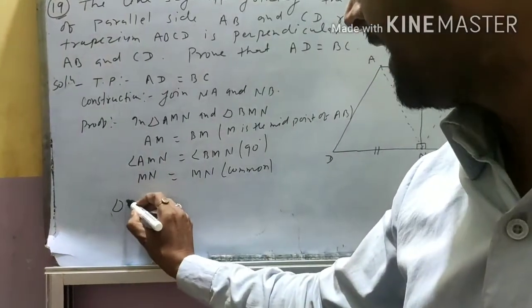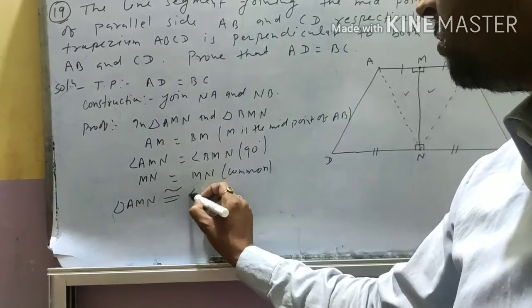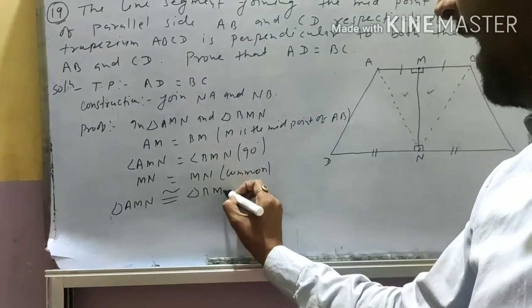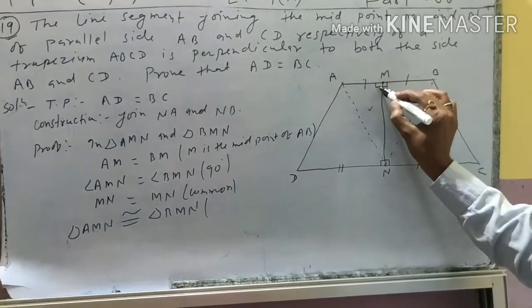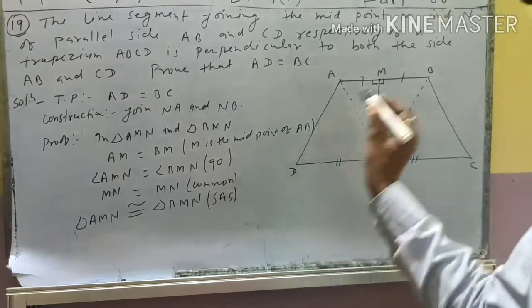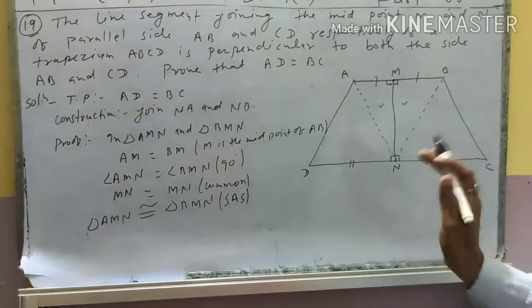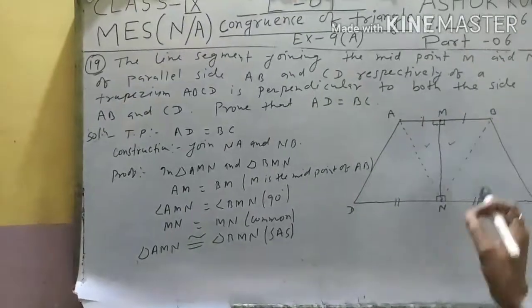So triangle AMN is congruent to triangle BMN by side, angle, side criteria.